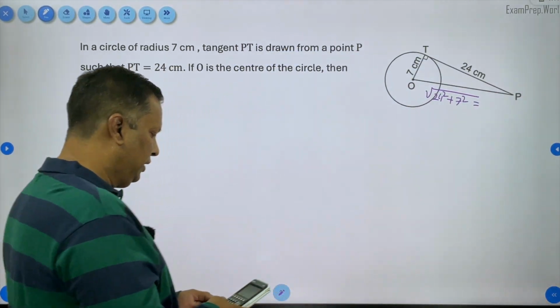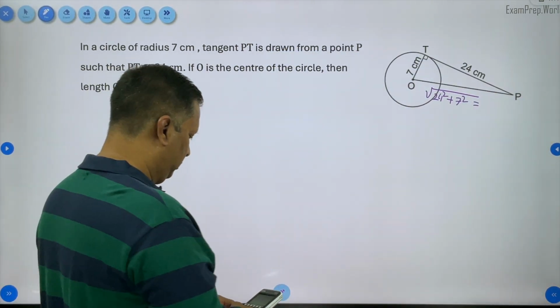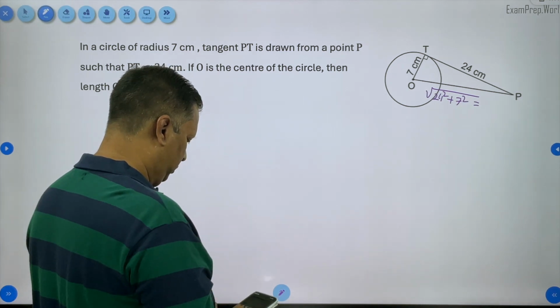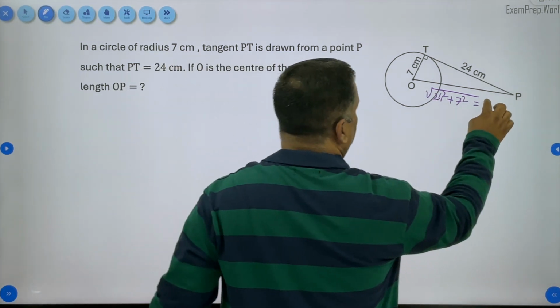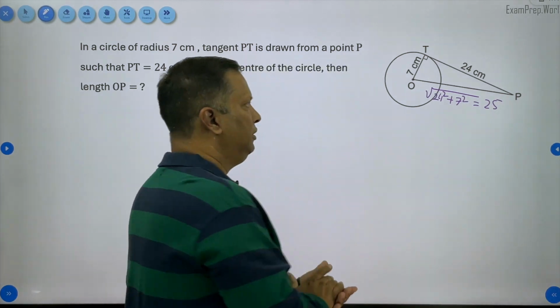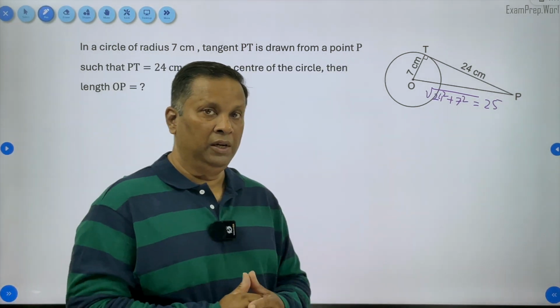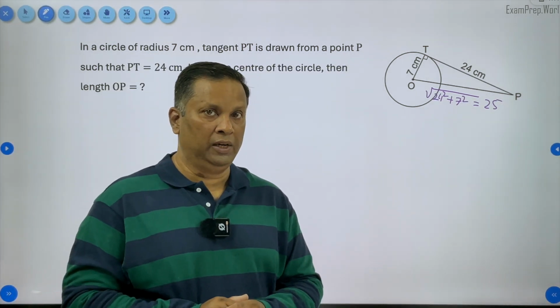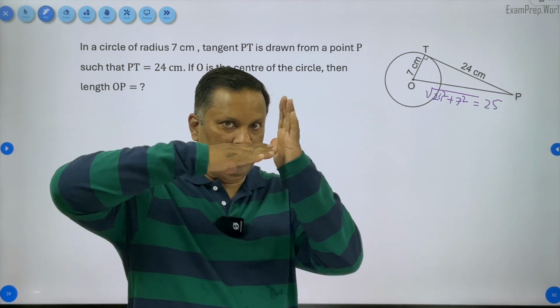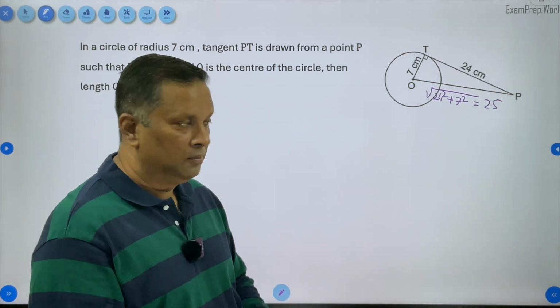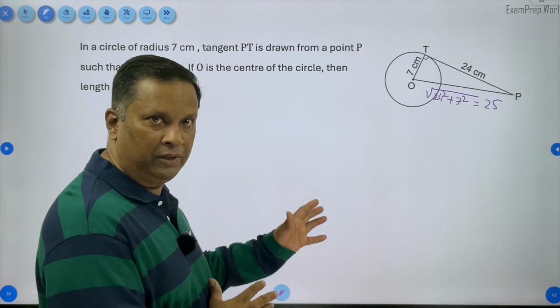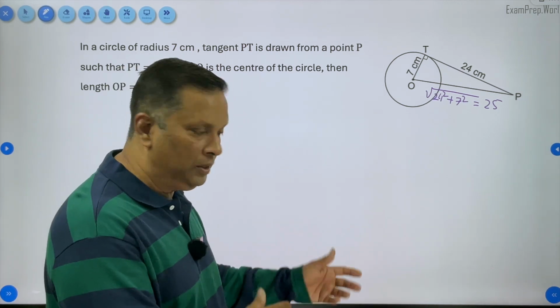It should be 25. Exactly. So it is 25. See, we used Pythagoras theorem and our first rule, which was telling that tangent is always perpendicular to the radius. I hope you have understood this one. Let's move on to the next one.